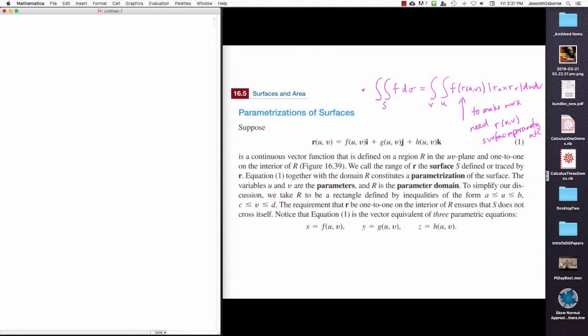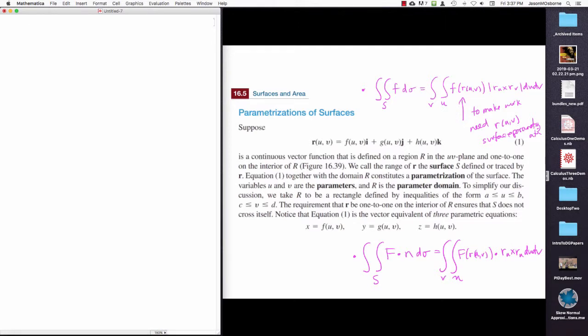The other integral we needed to do was the surface integral of the vector field, F dotted with n d sigma, otherwise known as the double integral of the vector field along the surface, dotted with the cross product of r_u cross r_v, and then we need to do a du dv integral over u and v.